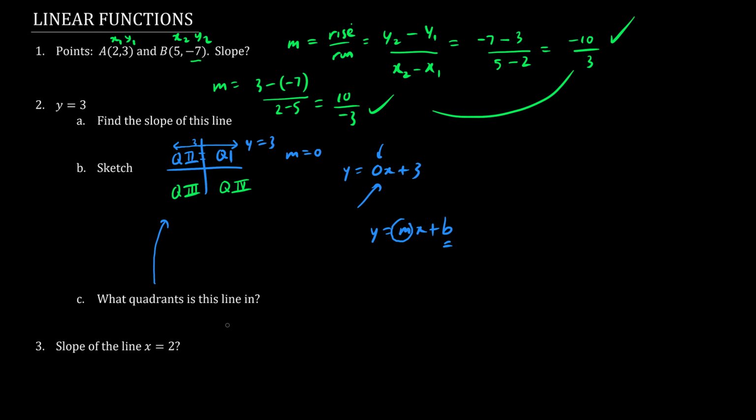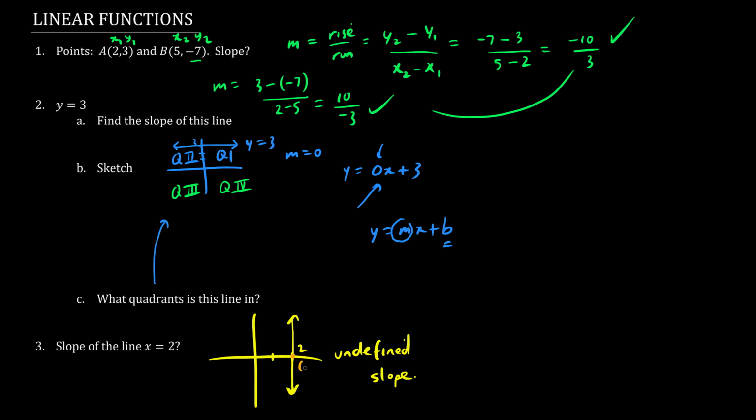Now, what is the slope of a line that has x equals 2? Do not mix up x's and y's. X equals 2 is actually a vertical line that travels this way at 2, and the slope is undefined. Let's pick 2 points.